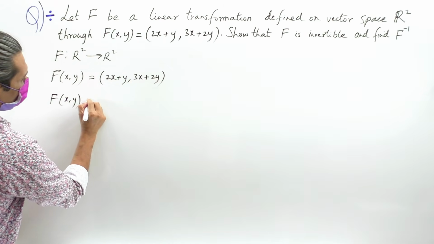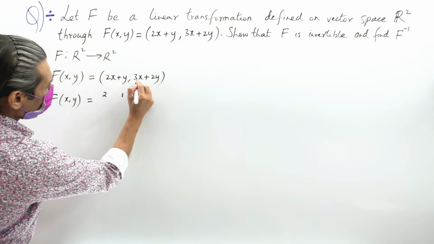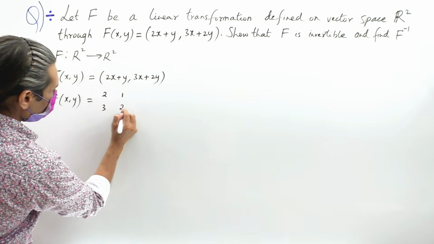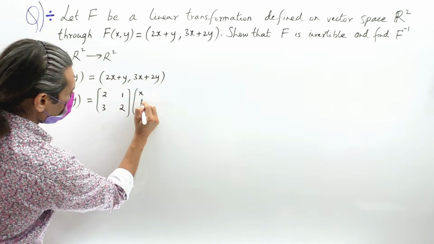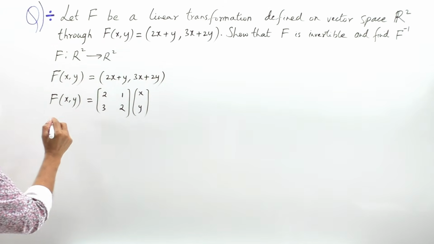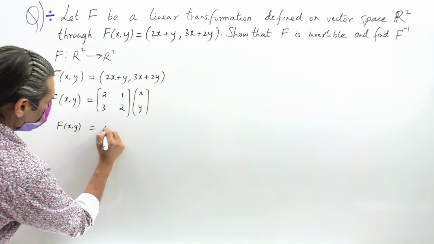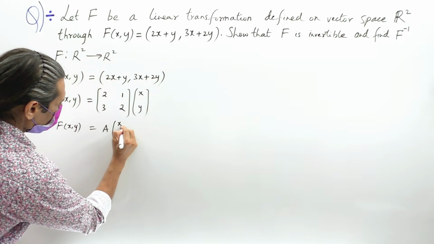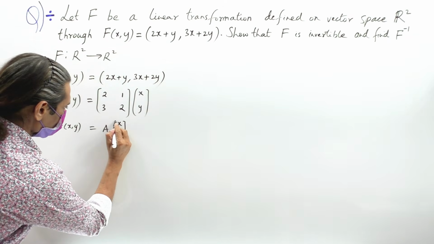We can write this in the matrix form as say 2x plus y. So 2, 1, 3 and 2. As simple as that. Into x and y, the variables. Okay, that means this will be F(x, y) equals A times (x, y). Okay, that's it.